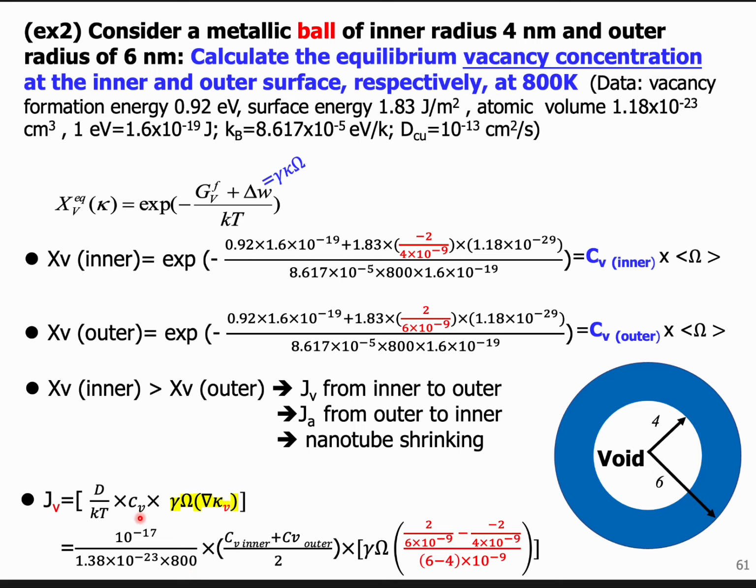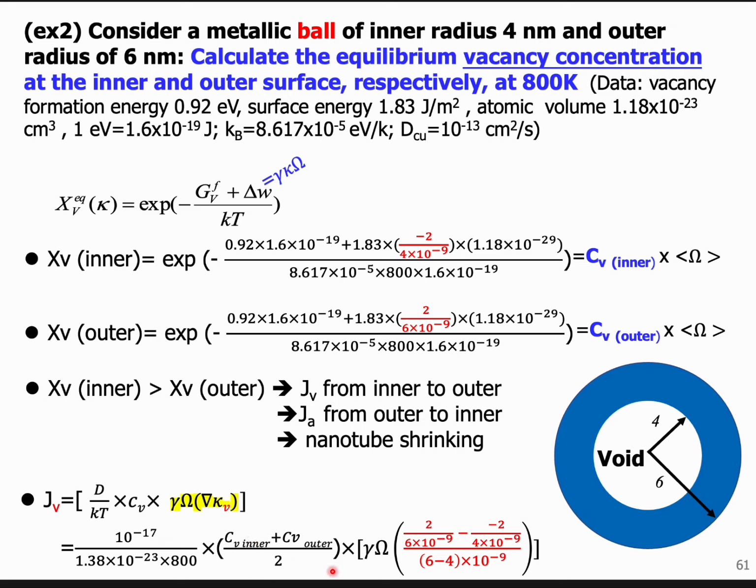Regarding the vacancy concentration, we know there's a variation, so for this term we just take the average of C_V on the inner surface and C_V on the outer surface.